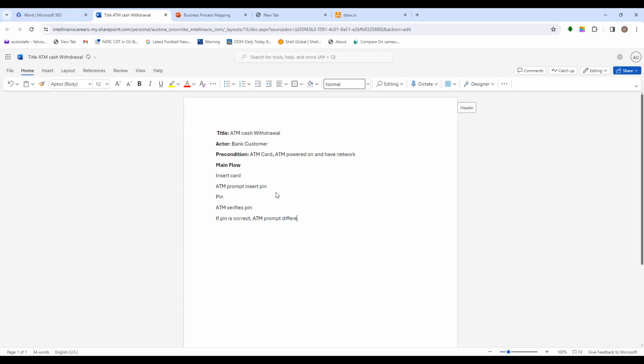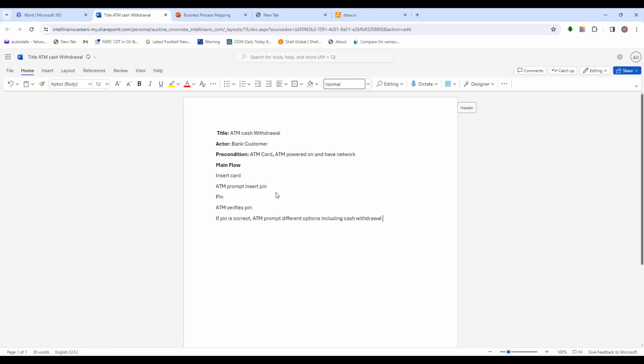I think it will welcome you and prompt different options, including cash withdrawal. It gives you different options, but we're just interested in cash withdrawal. Are we together? Yes. All right.